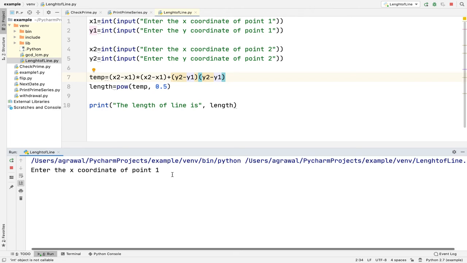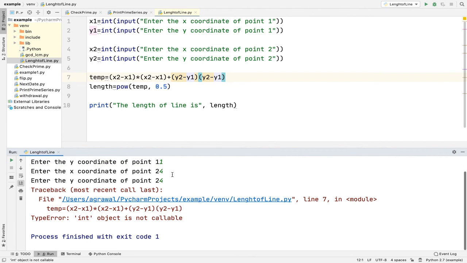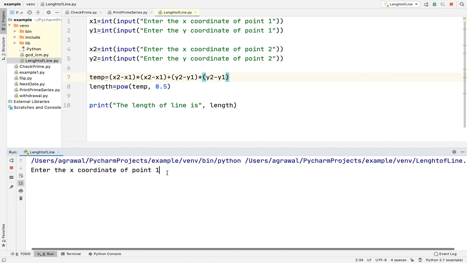So I will write the points as 1 comma 1 and 4 comma 4. Line 7: I missed the multiplication sign over here. Now again we will try to execute it.